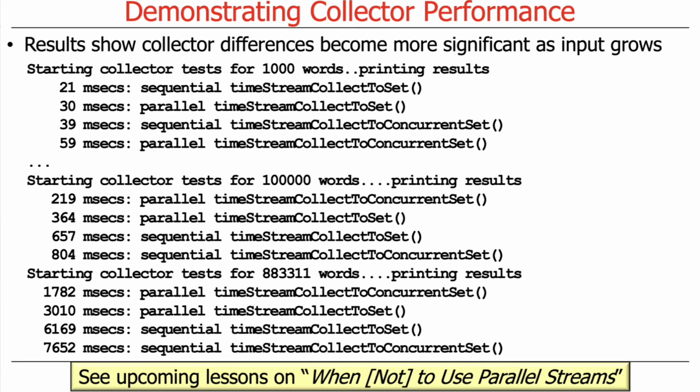You'll also see that the parallel versions are, again, faster than the sequential versions, but the concurrent collector is now roughly twice as fast as the non-concurrent collector, showing again that as n gets bigger, the win from parallel processing goes up. So that's the key thing to observe from that particular test.